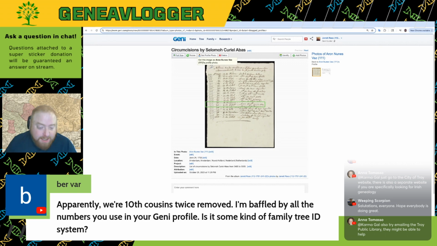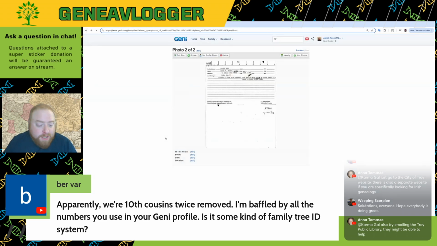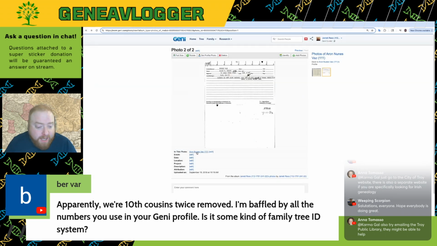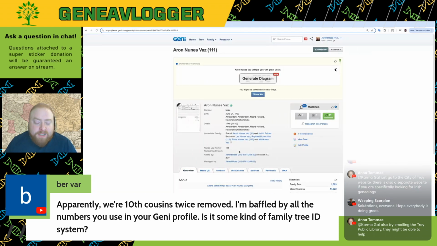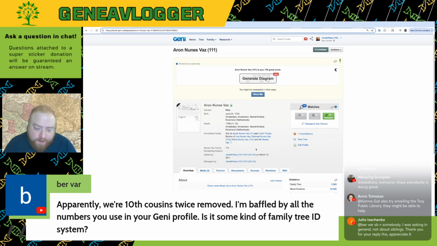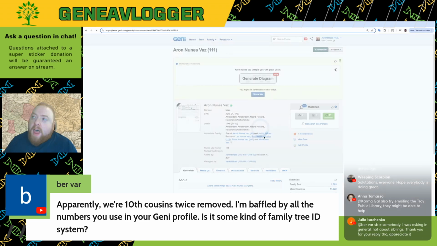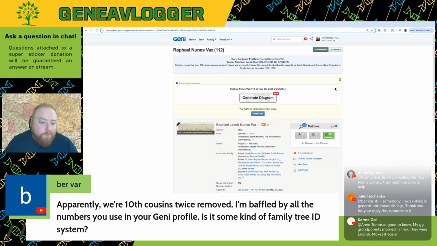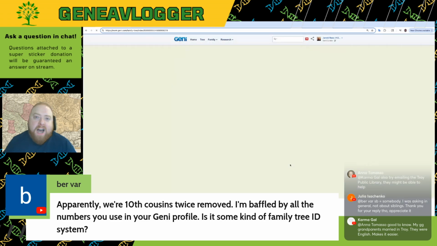But yeah, that's the purpose of the numbering system, just as a way to keep things in check, because with the Nunes Vaz family especially, there are dozens of Jacobs and dozens of Raphael Nunes Vaz and dozens of Abraham Nunes Vaz. And even more than that, there are multiple generations where you have 4 different Jacob Nunes Vazes all being born within a 5-year period of each other in Amsterdam.